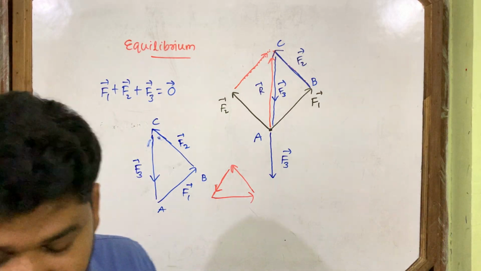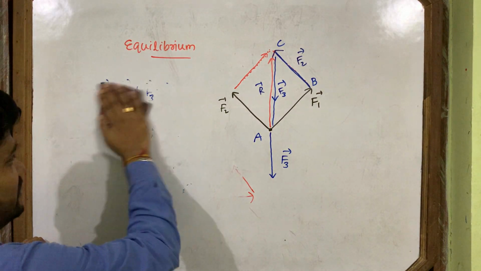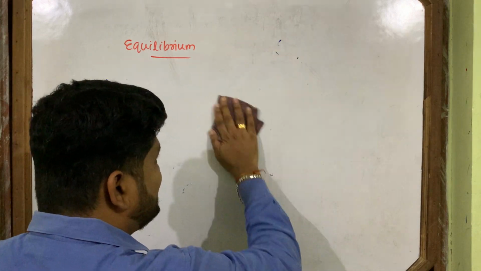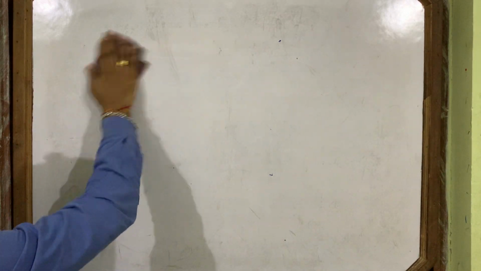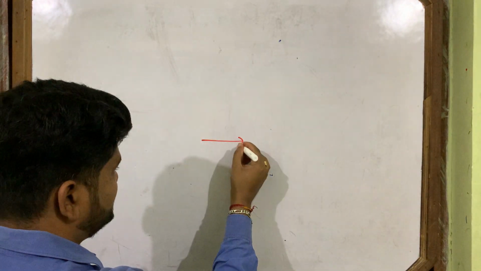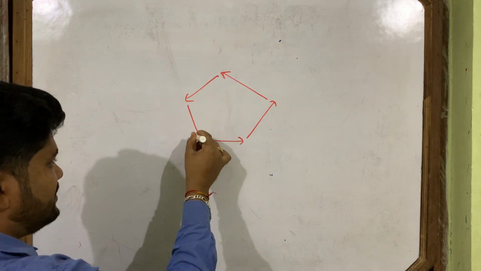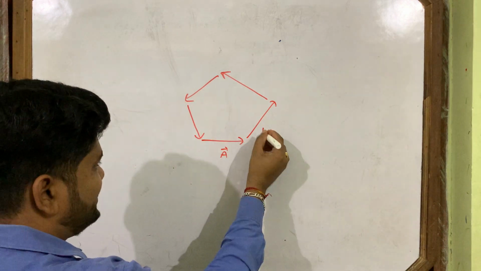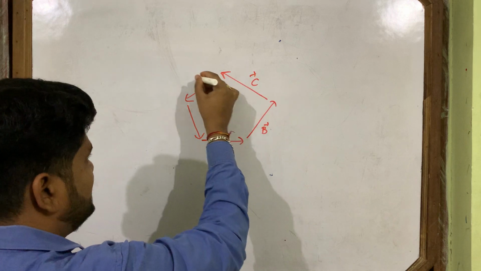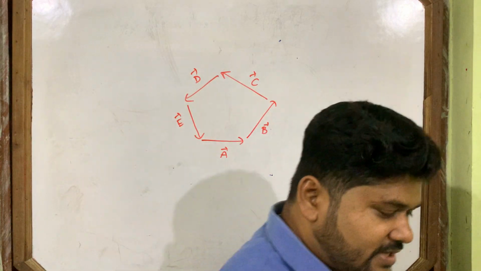Similarly, I can tell you the alternate statement of polygon law. What is the alternate statement of polygon law? You see, this one vector, one vector, one vector, one vector, one vector: A, B, C, D, E vectors.